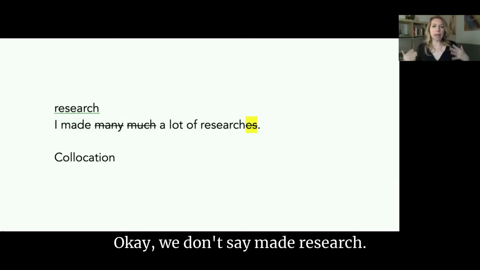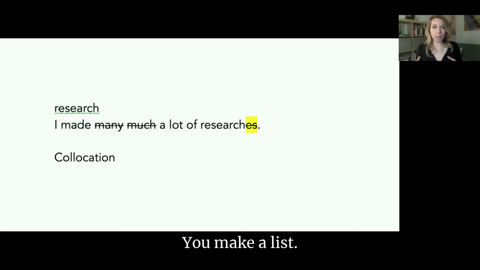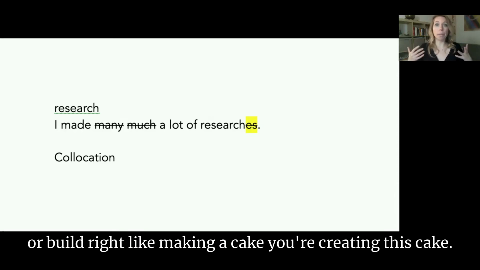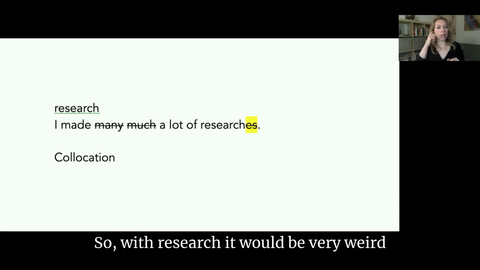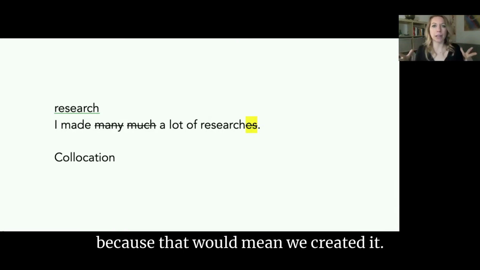We don't say made research. We can say you make a cake, you make a list, you make friends. Make is more like create something or build, right? Like making a cake, you're creating this cake. So with research, it would be very weird to say we make research because that would mean we created it.